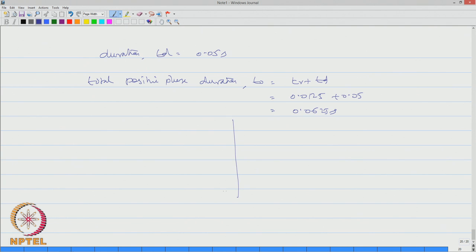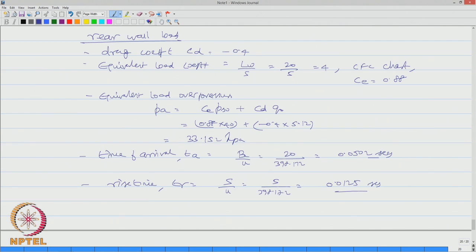Let us try to plot this on the pressure and time scale, and we know that it rises at about 0.0125 and then completes at 0.0625, and the pressure raised was actually equal to 33.125, which you see from here.